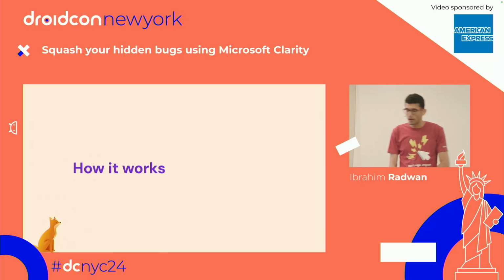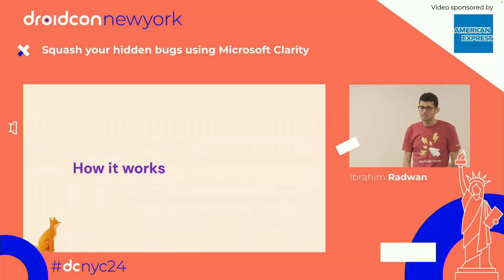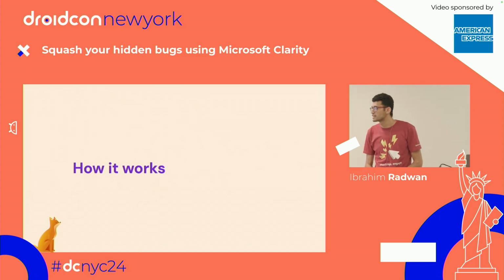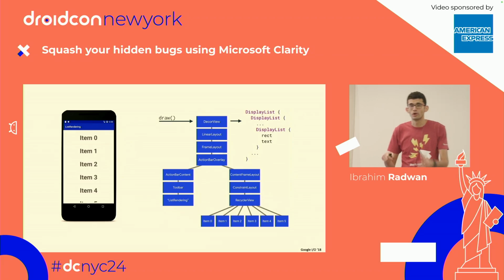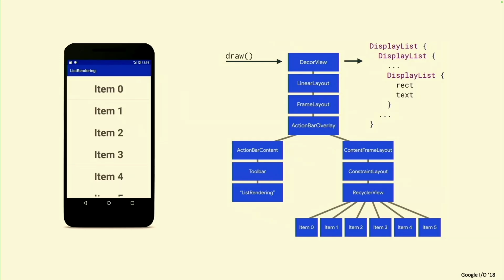Okay, so how it works behind the scenes. Clarity tries to have as minimal impact on your application as possible. We do this by capturing your view hierarchy on a custom type of canvas, where we capture what are called drawing commands of your application. Those commands are then sent to our servers after masking and so on.